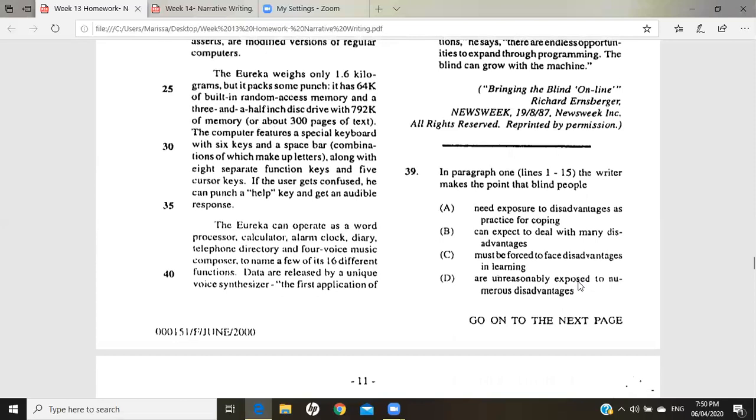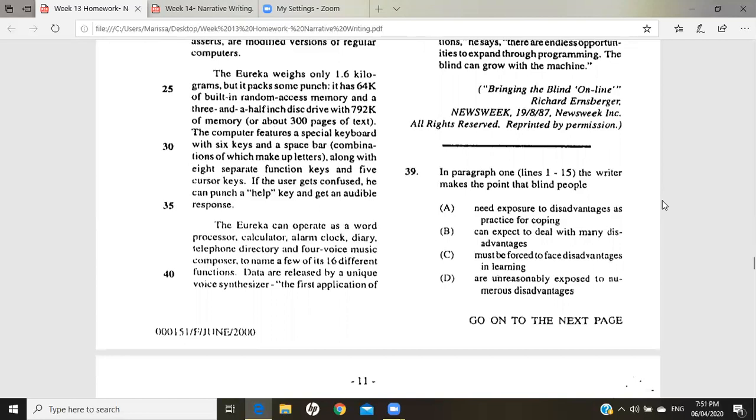39 says in paragraph 1, the writer makes the point that blind people what? C? Must be forced to face disadvantages in learning.